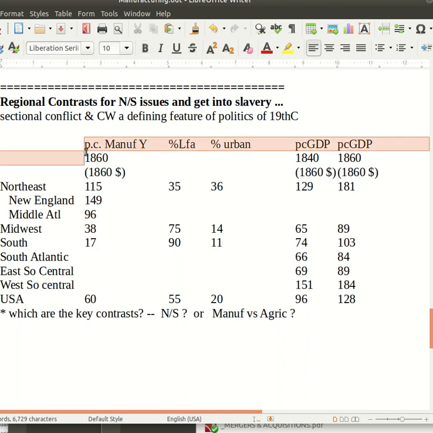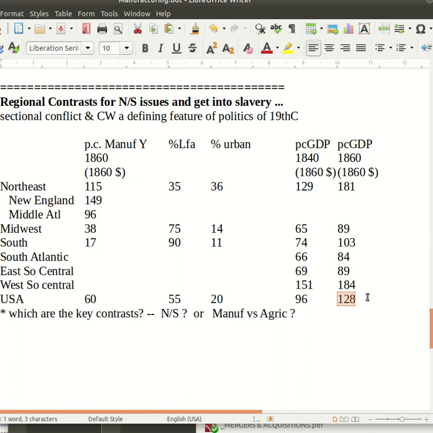Let's look at the close of the antebellum period, the eve of the Civil War. In 1860 dollars, for the U.S. as a whole, we're talking about manufacturing output of $60 per person, and GDP of $130 per person.